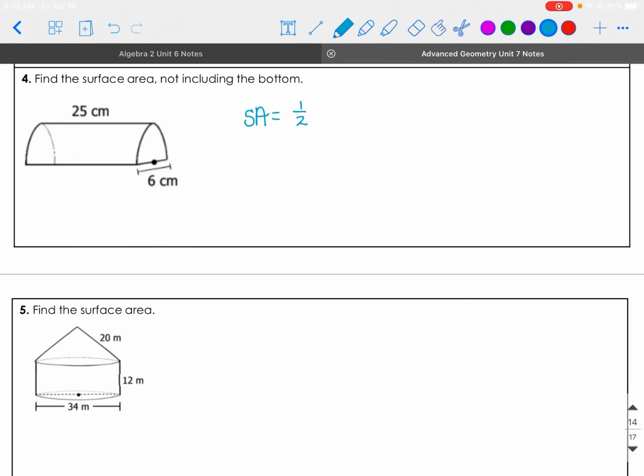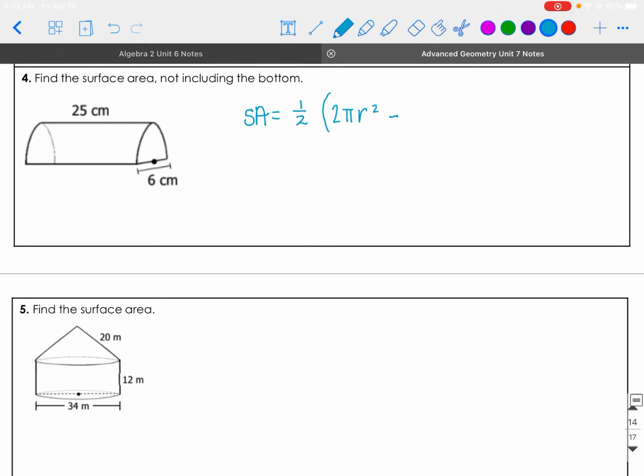So surface area is half, and then we've got 2 pi r squared plus 2 pi r h.